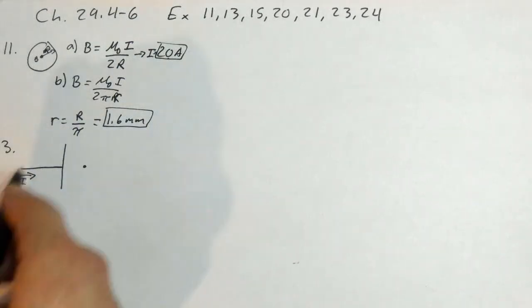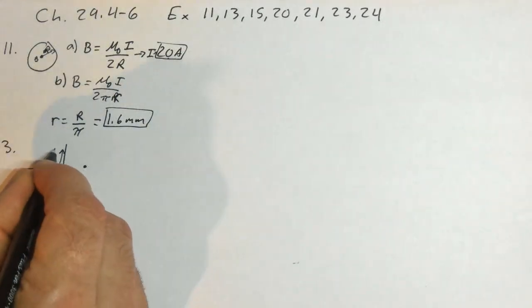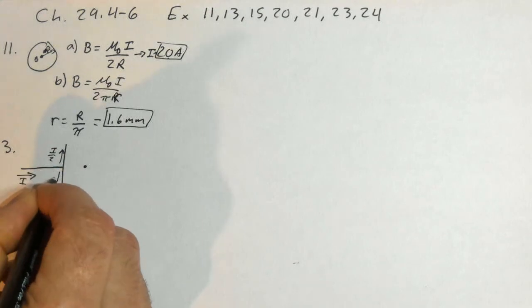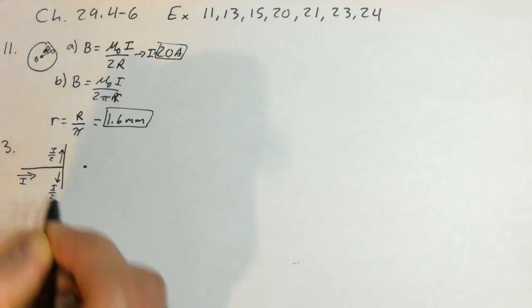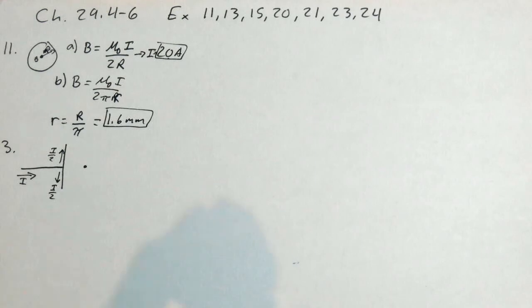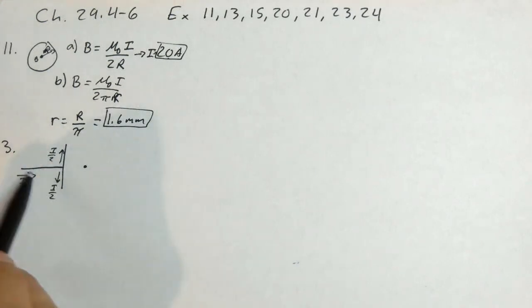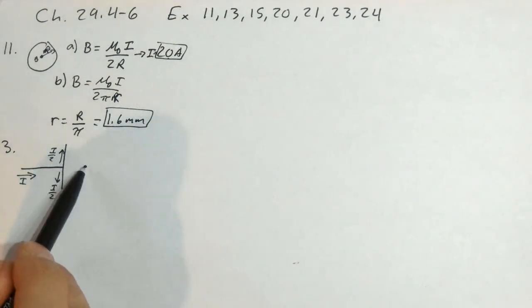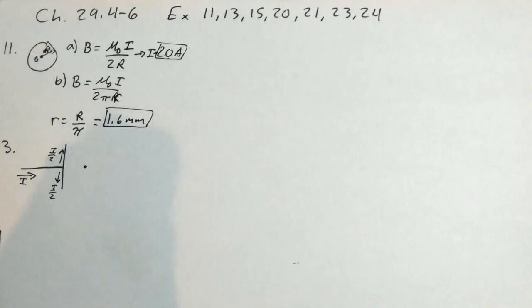If these are all identical, it means half the current flows this way, and half the current must flow this way.